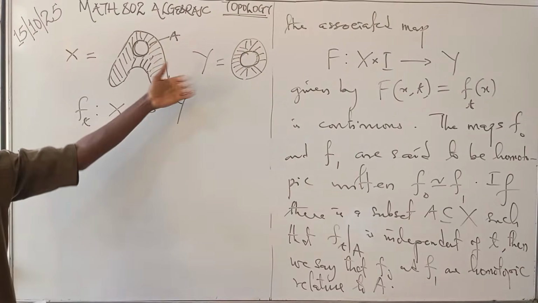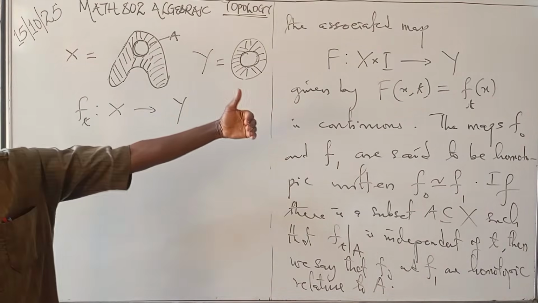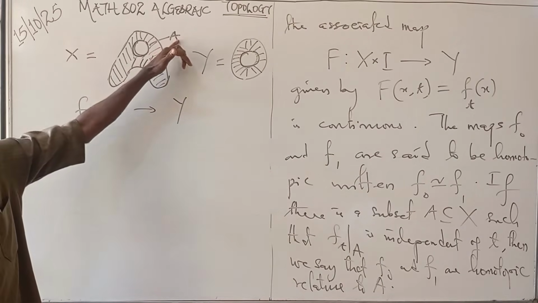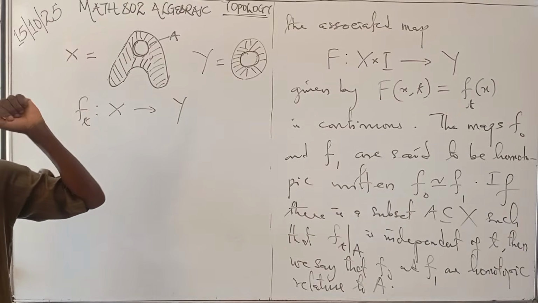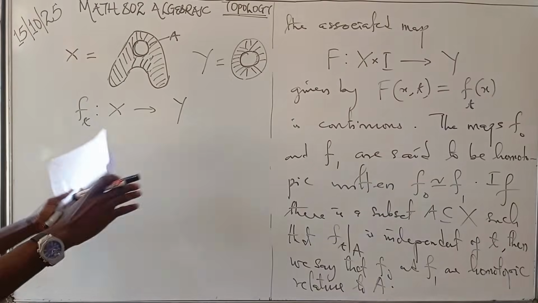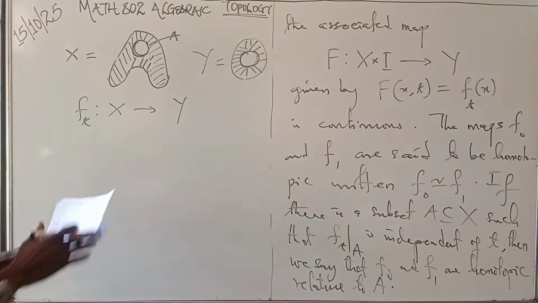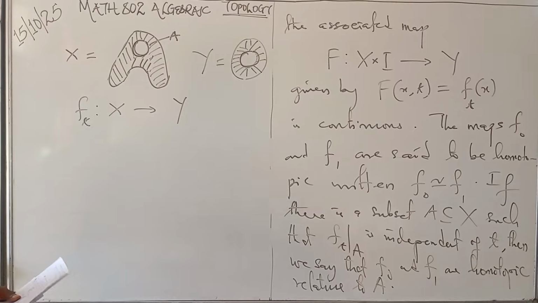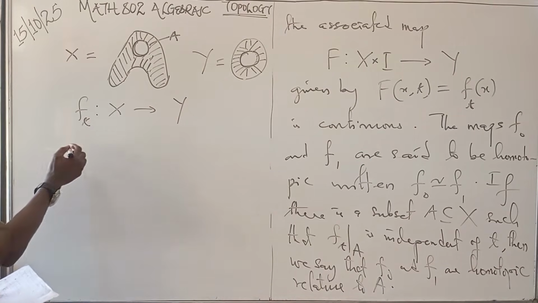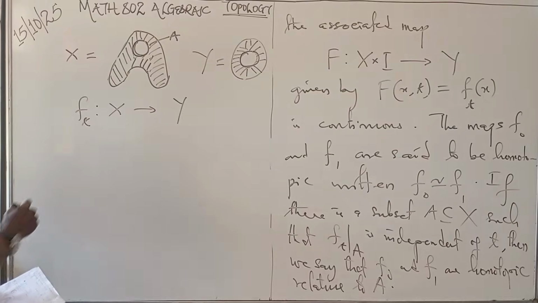And F1 is also doing the same, and all the other F_t are doing the same. So you will always have a homotopy relative to A, this cycle over there. I hope it's okay. So this is what we call a homotopy: any family of mappings that is continuous and doing this. Okay?